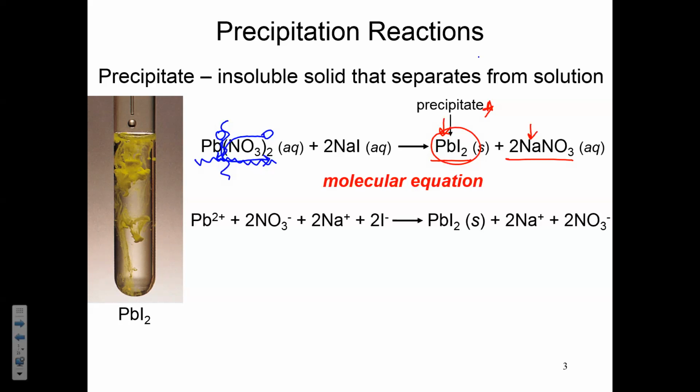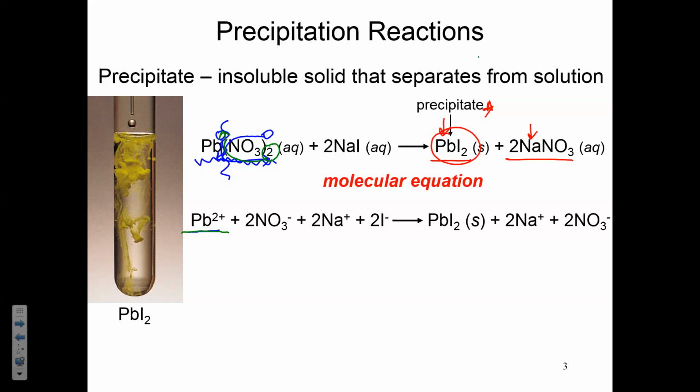So if we look at Pb, Pb is a metal, so it comes first. So we know it's going to have a positive charge. And if we look right up here, I'll put it in green, there's a 2 there that we know we're going to bring up right here. So we know it is Pb2+.